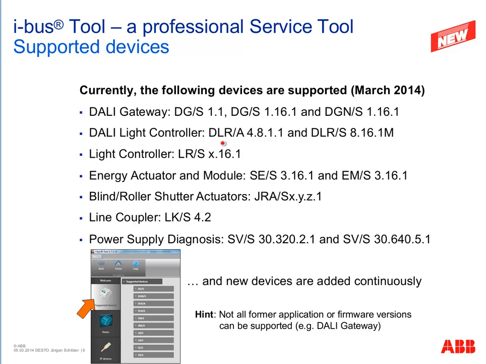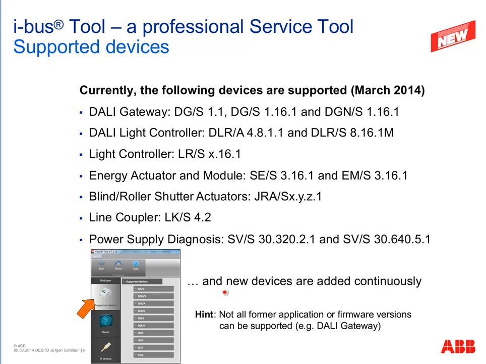Additionally, our DALI light controller DLRA and DLRS, our standard 1 to 10 volt light controller LRS, the energy actuator and energy module SES or EMS, the complete range of our roller blind shutter actuator JAR/S, our new line coupler LKS 4.2, and the new power supplies with diagnosis function SVS 3320 or 640 milliamps. And of course, when we launch new devices, we will also get these new devices inside the IBUS tool.